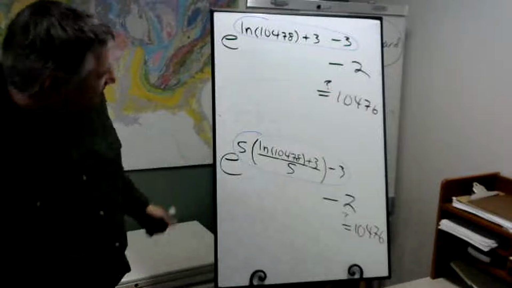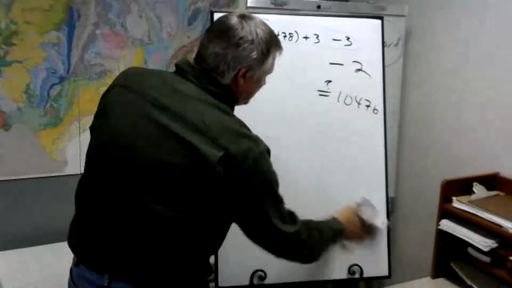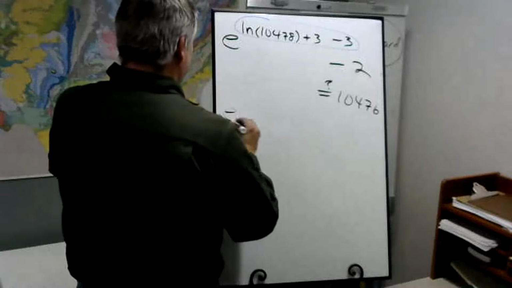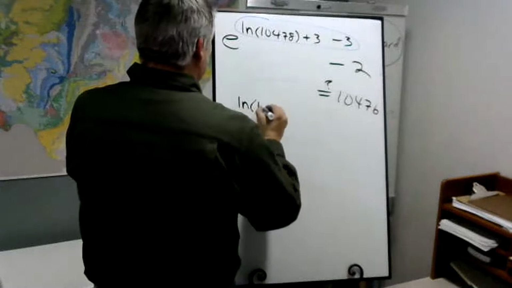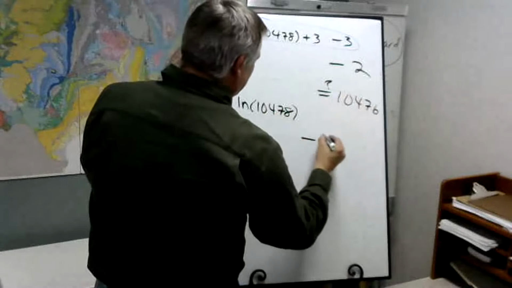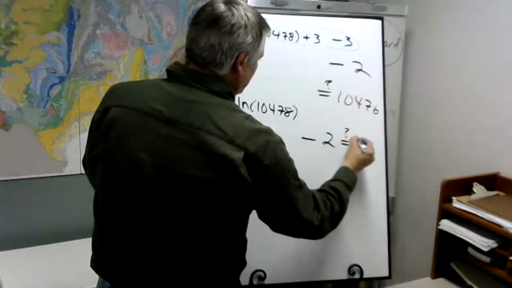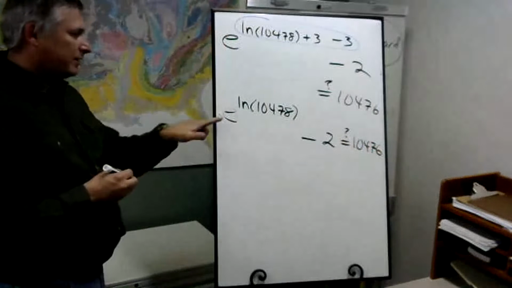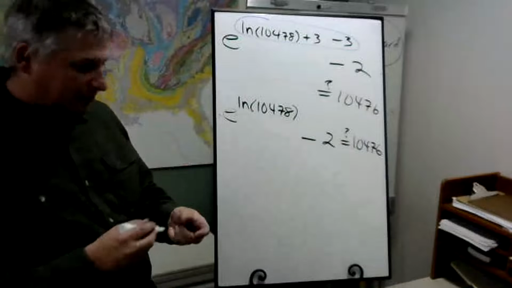So now, as you can see, the 3s are going to cancel. And so we get e to the natural log 10,478 minus 2. Does this equal 10,476? Well, here e and natural log are going to cancel.